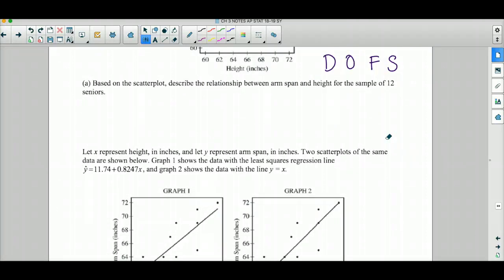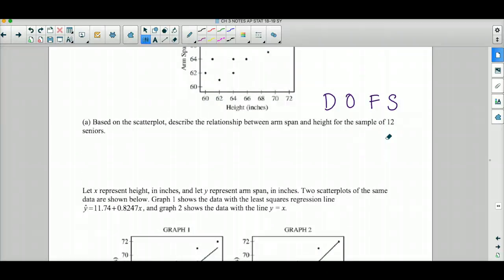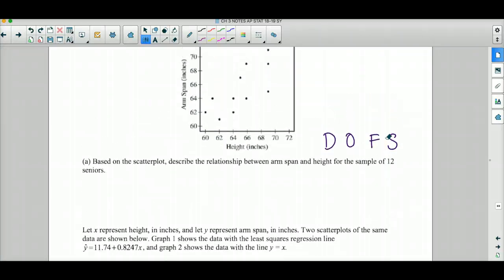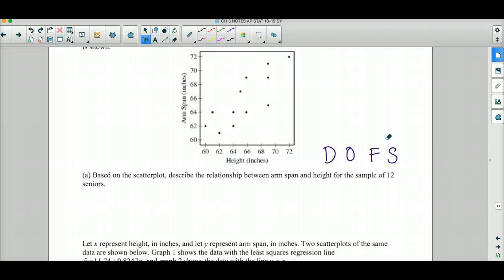All right, what direction is it? Positive. What form is it? Linear. What strength is it? Moderate.